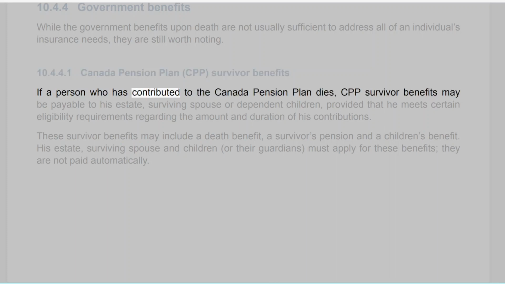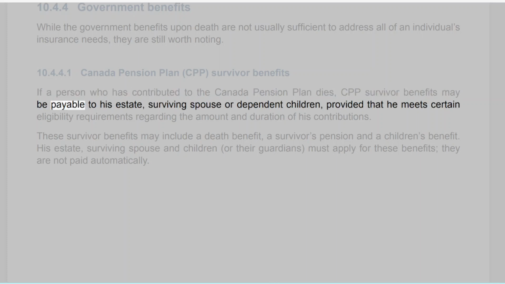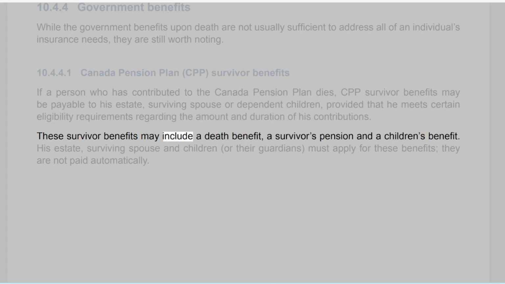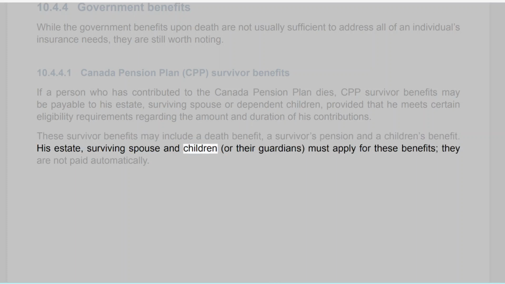If a person who has contributed to the Canada Pension Plan dies, CPP survivor benefits may be payable to his estate, surviving spouse, or dependent children, provided that he meets certain eligibility requirements regarding the amount and duration of his contributions. These survivor benefits may include a death benefit, a survivor's pension, and a children's benefit. His estate, surviving spouse, and children, or their guardians, must apply for these benefits. They are not paid automatically.